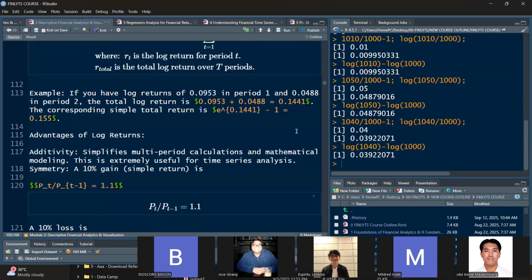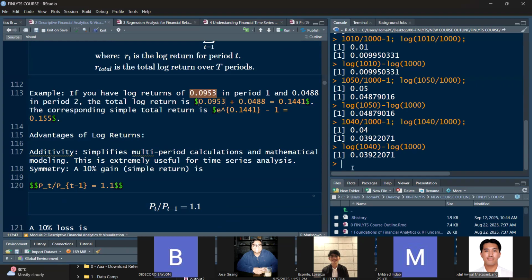So as an example, class, the return in period 1 is 0.0953, the return in period 2 is 0.0488. The total return is just adding. You add everything. Let me copy this.